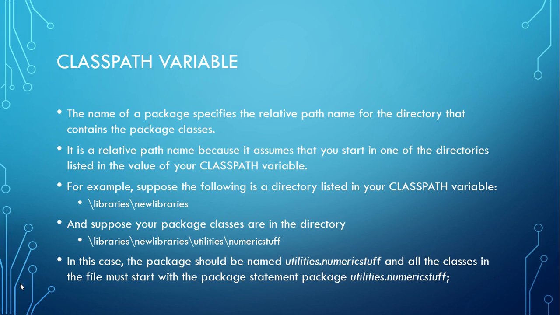So it's going to look in that new libraries directory, that folder, if you will, for different things. And so since our package files are in utilities, we just point it to the folder utilities, and then we point that to the folder numeric stuff. So if I want to use a class that's in numeric stuff, I have to do utilities.numeric stuff dot whatever the class name is.